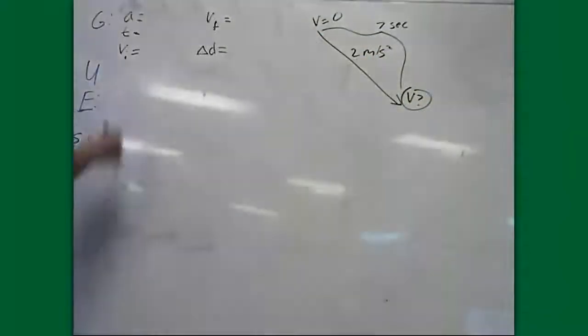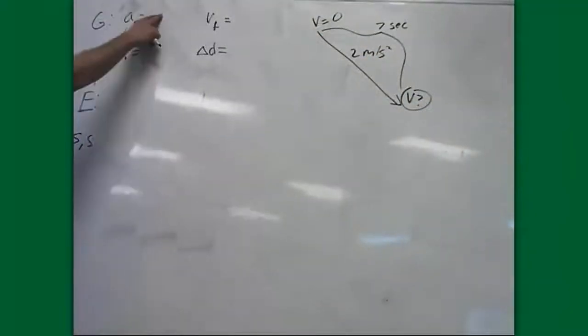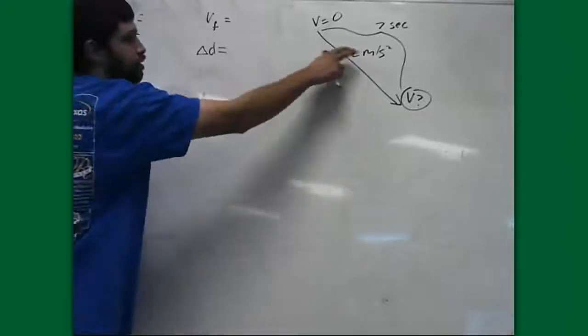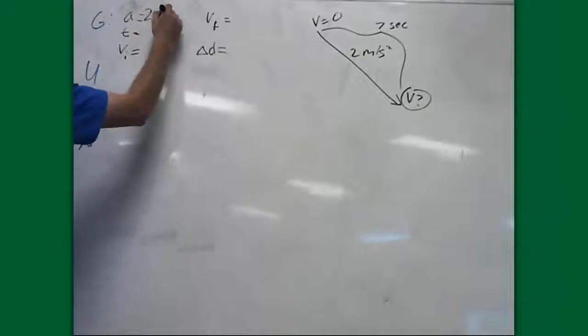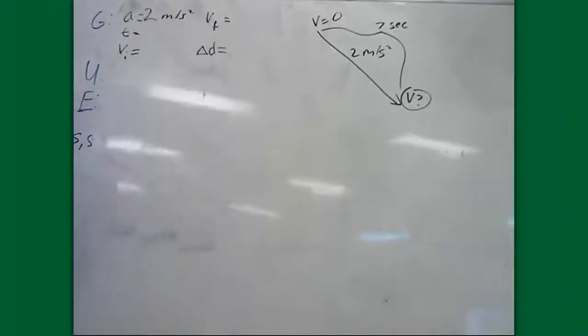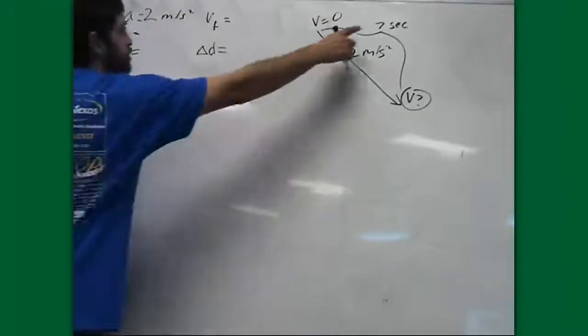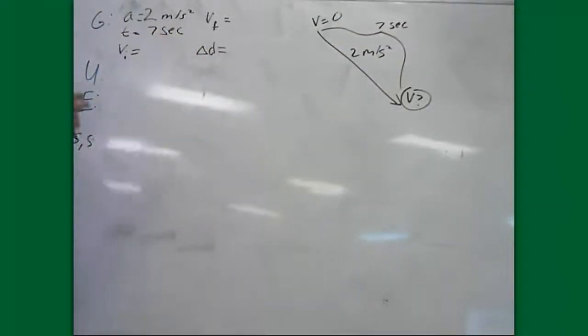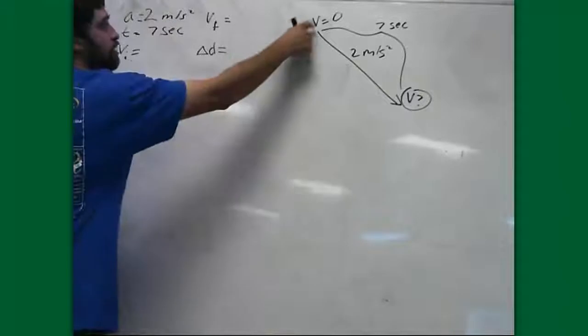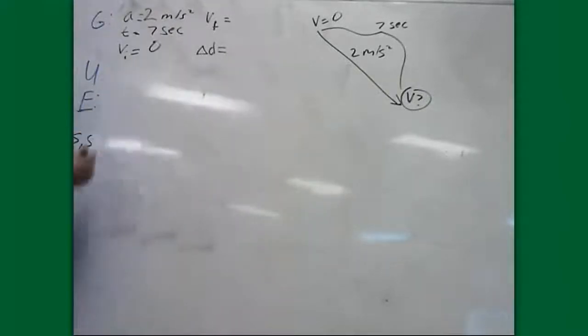And I'm going to ask myself, do I know all these variables? Do I know A? Well, yes, I do. I was told that he accelerates at 2 meters per second squared. So that's my acceleration. Do I know the time? Yes, I do. The time is 7 seconds. Do I know the initial velocity? I do. Initial velocity is 0.